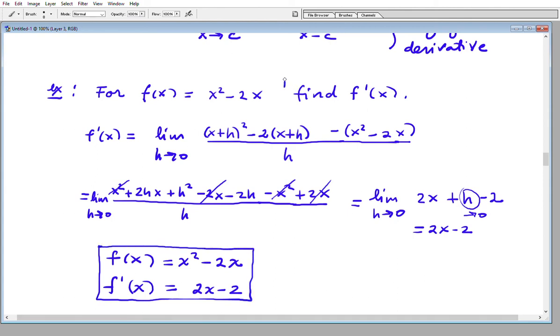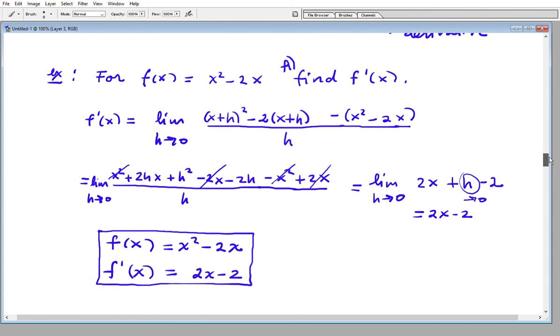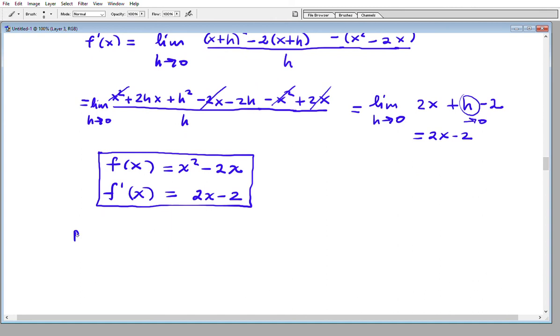So let's make this part A, finding f prime of x, because very often there are two parts to these problems. And let's say we find, I won't do the whole tangent line here, I'll just find the slope at x equals 5. So that would just be f prime of 5.